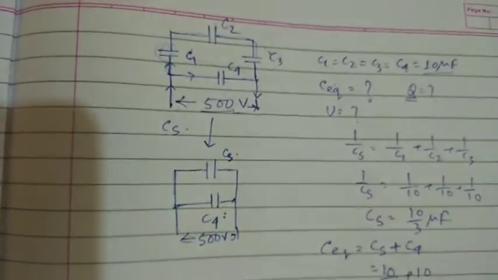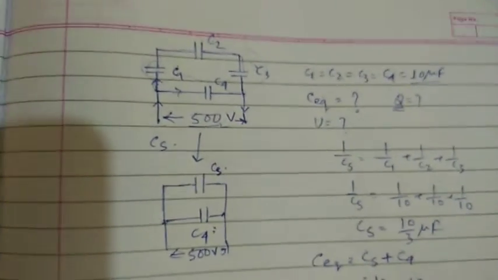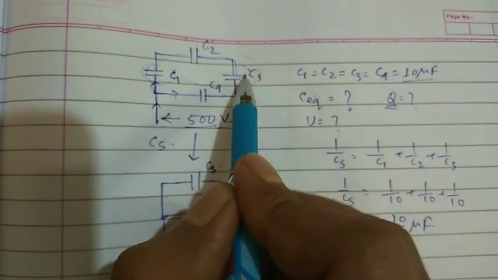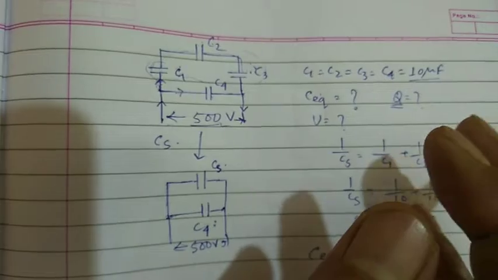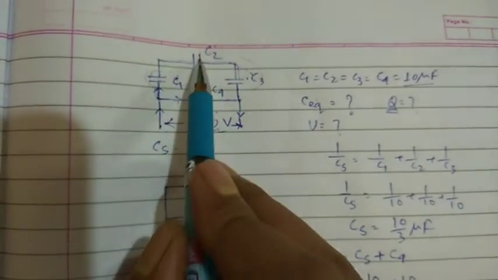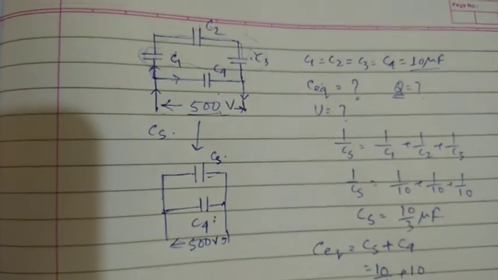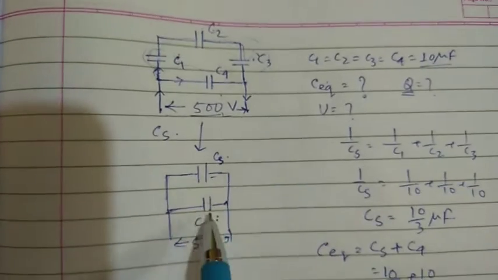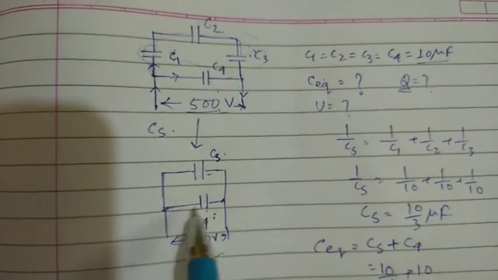Now you have to find the charge on each capacitor. Since C1, C2, C3 are in series combination, they will have the same charge. C4 may be different, but C1, C2, C3 will have the same charge as CS. Now CS and C4 are in parallel, so the potential difference across CS is 500, same for C4.